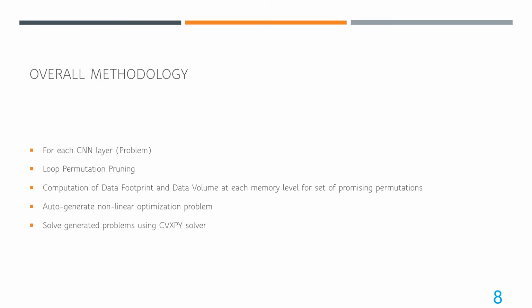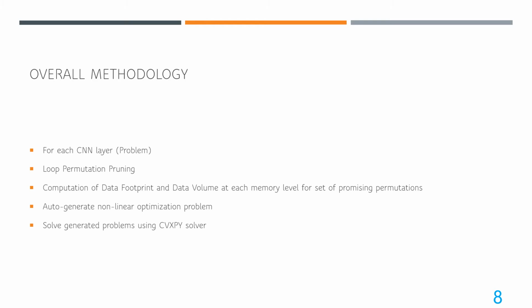this overall methodology. We start with each CNN layer in the workload. We do loop permutation pruning to consider a subset of all loop permutations which are more promising. We compute symbolic data footprint and data volume expressions at each memory level in the memory hierarchy for each selected candidate.